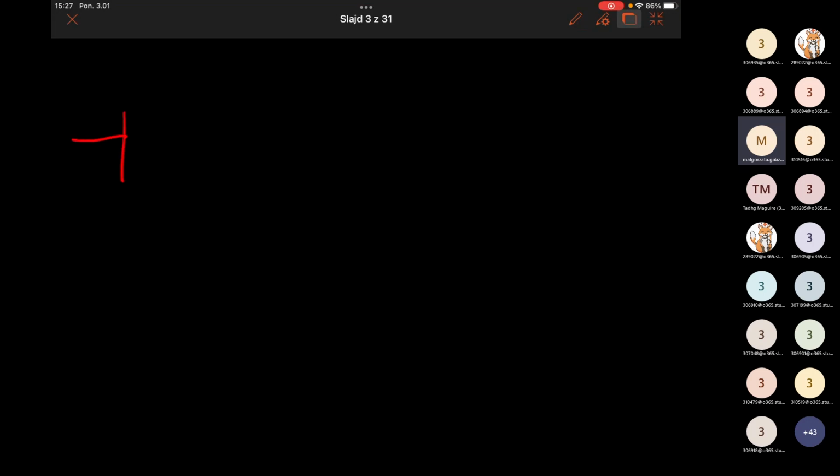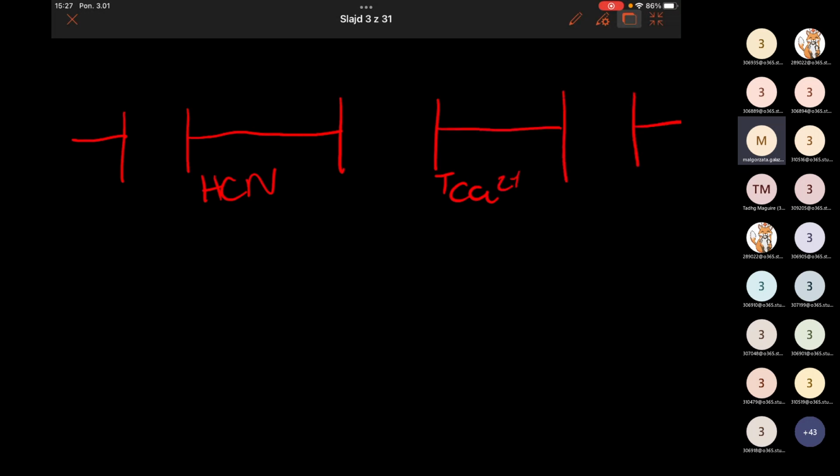These channels include HCN channels, T-type calcium channels, and L-type calcium channels.